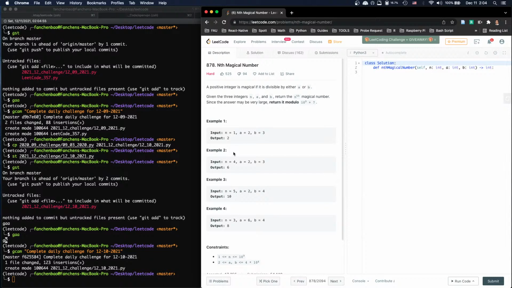What is their overlap? It's not 24, right? It's 2 times 3 times 2.